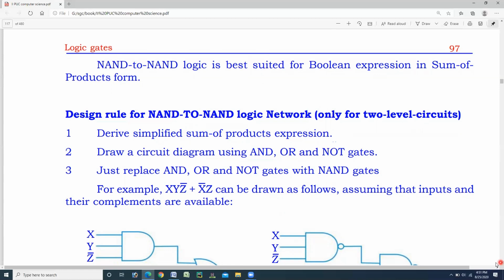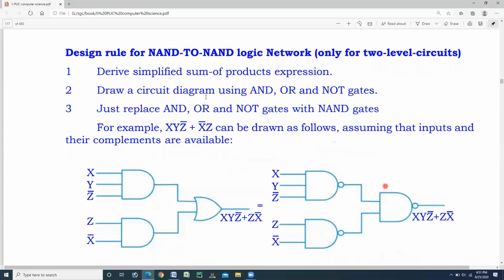See, you have to follow some rules for NAND-to-NAND logic networks. Design rule for NAND-to-NAND logic networks: it is useful only for two-level circuits. The first rule is to derive the simplified sum of products expression.